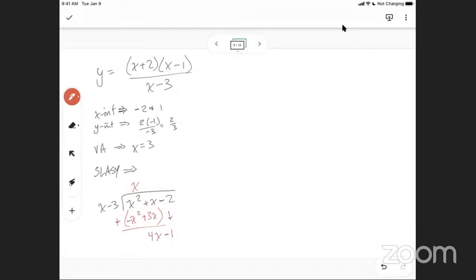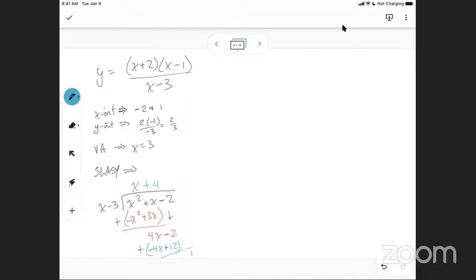Now ask that same question. How many times does this go into this? 4 times. So put the 4, I'll do this in blue now, right here. Multiply this here, put it here. So I'm going to get 4x minus 12. And don't forget, you're subtracting that, so you're going to have a plus, a negative, and a plus.